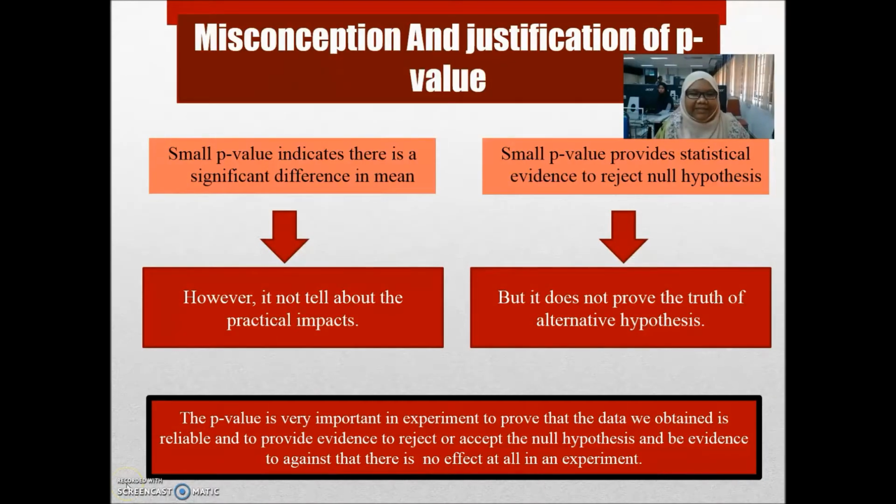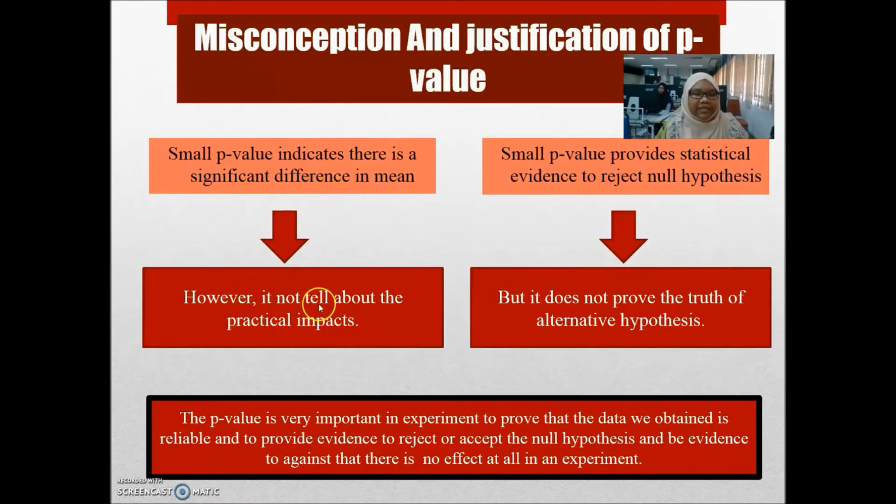Hi, my name is Nur Fatiha and I will proceed with the last part of this presentation, which is misconception and justification of p-value. There are two common mistakes in analyzing the result regarding the p-value. Here are two facts that should be considered. Firstly, a small p-value indicates there is a significant difference in mean.